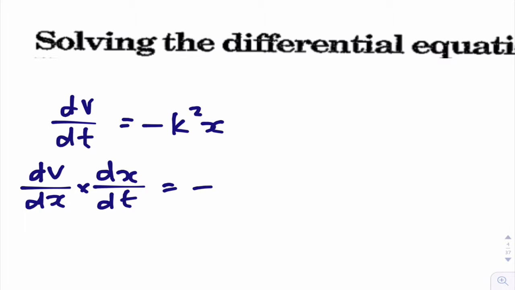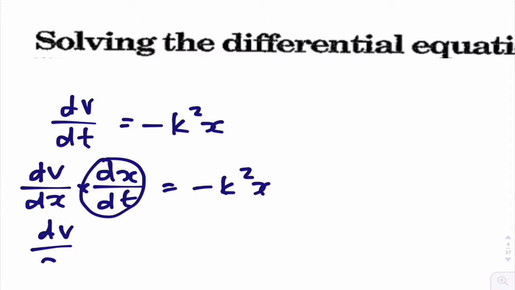I can write the left hand side as dv/dx times dx/dt, and those would cancel, leaving me with dv/dt. Now dx/dt is just the velocity v. So I've got v dv/dx equal to negative k squared times x.